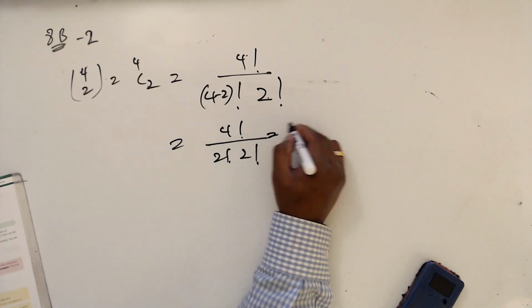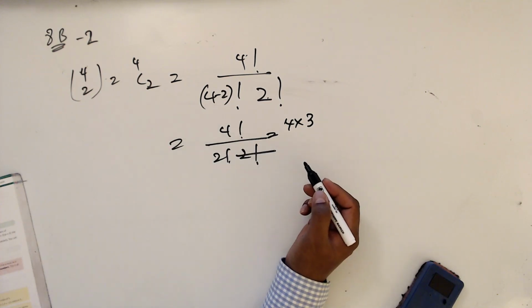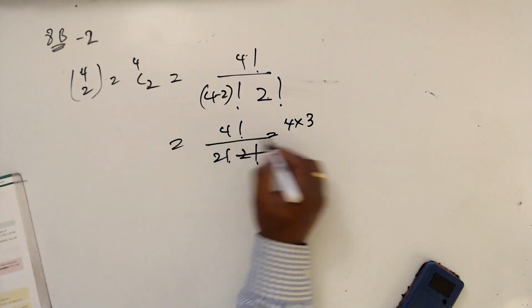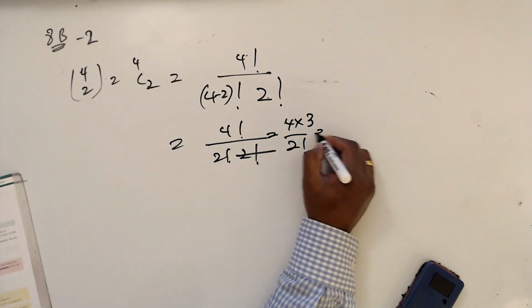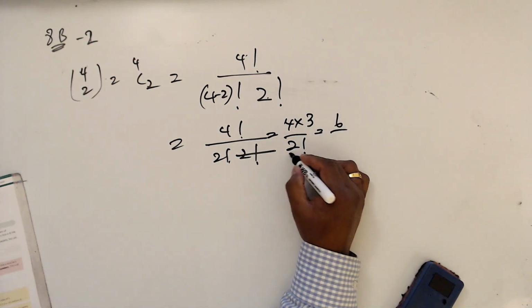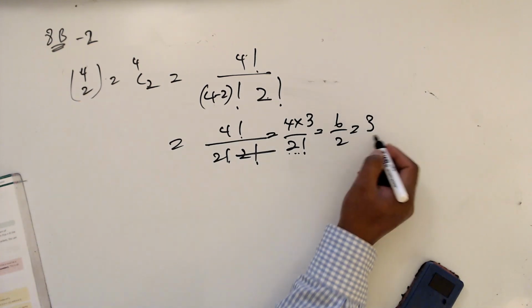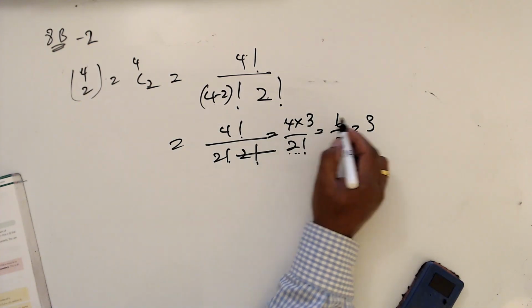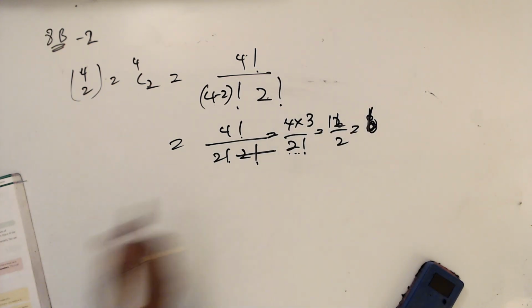I am going to write 4, 3, and this is cancelled out. And the answer is 12 divided by 2, which is 6.